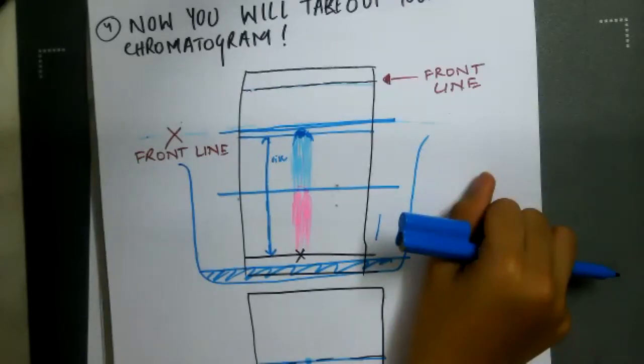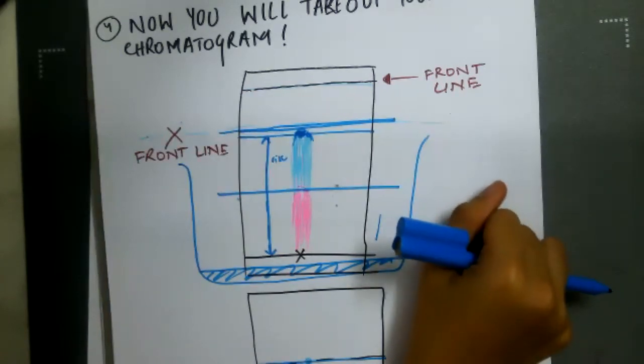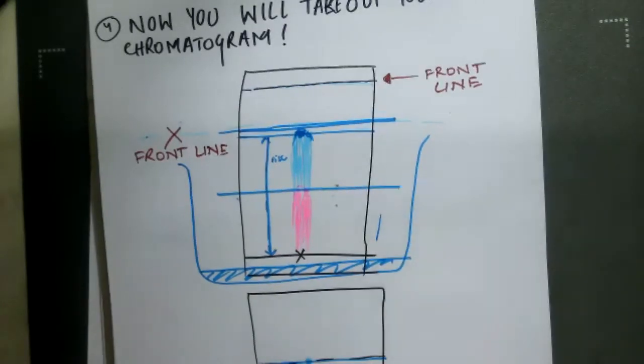So substances which are more soluble, or have greater forces of attraction with the solvent, will go higher because they are running with the water molecules. So they are more friends with the water. So they will go a long way with the water molecules.